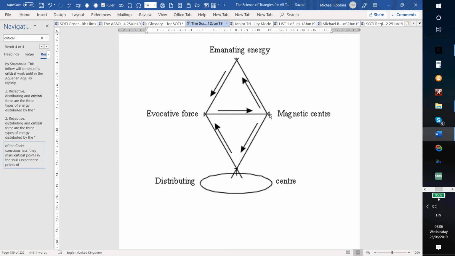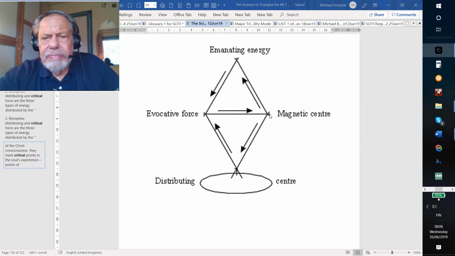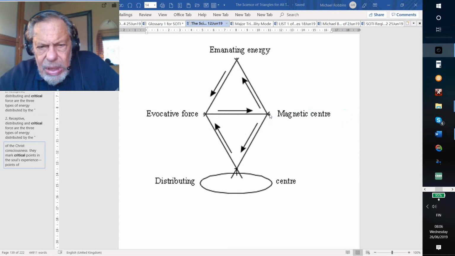And he has told us, that as far as these distributing centers are called, they can be very large structures.